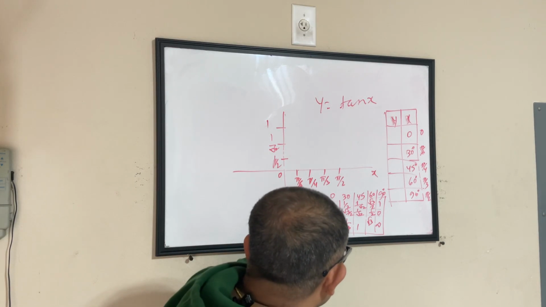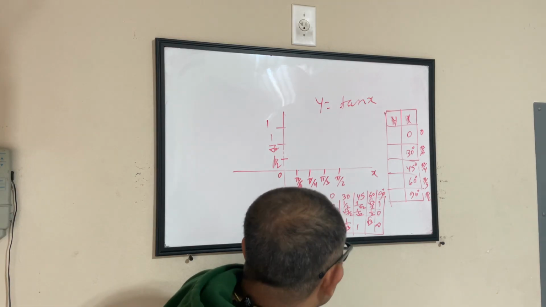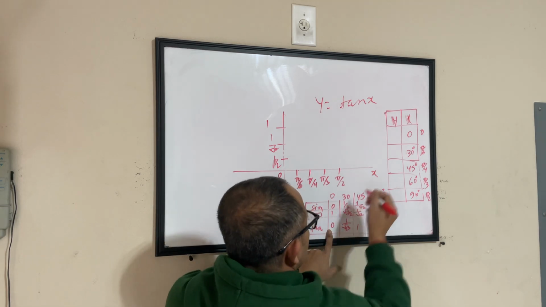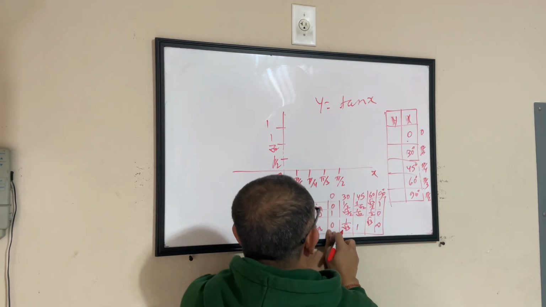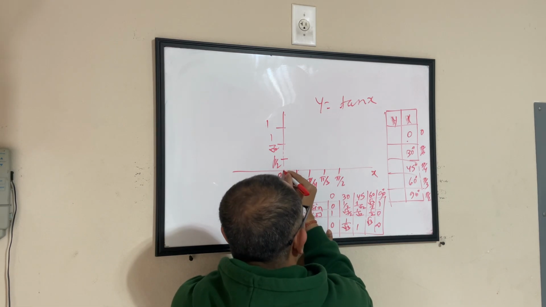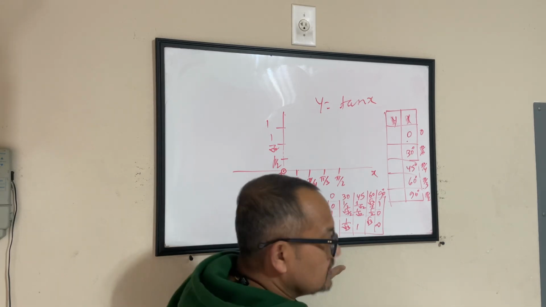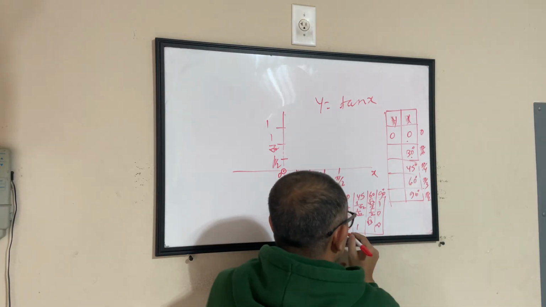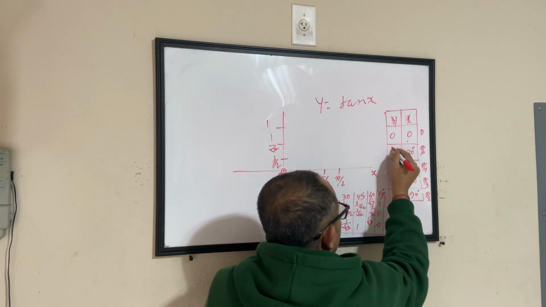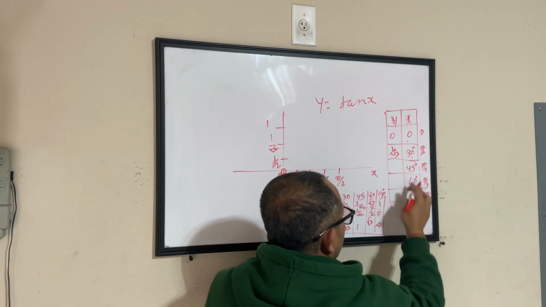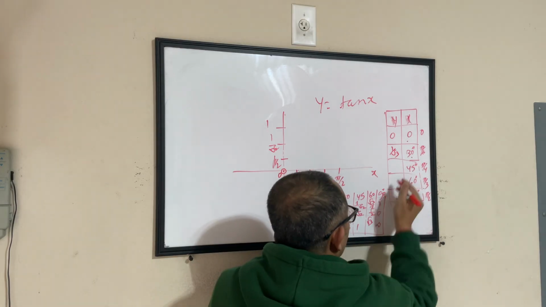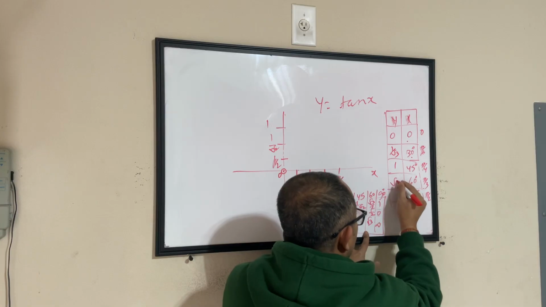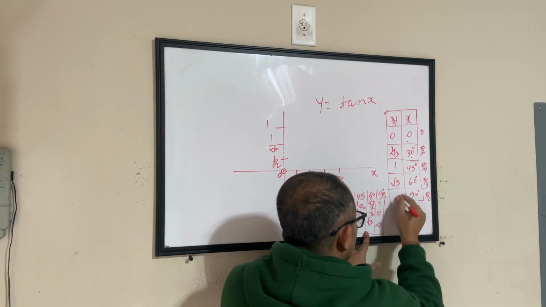Now look at this. When x is 0, tan 0 is what? Tan 0 is 0. So when this is 0, it's 0. It's here. When 30 degree, it's 1 by root 3. So y value is 1 by root 3. 45 degree, it is 1. 60 degree became root 3. 90 degree became infinity.